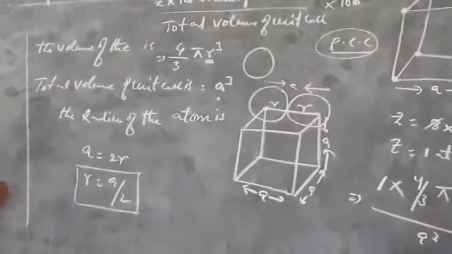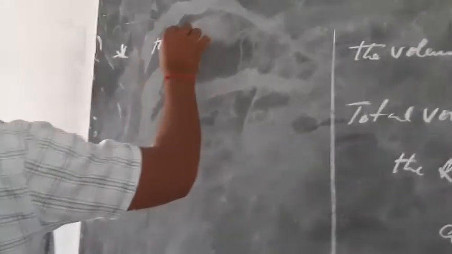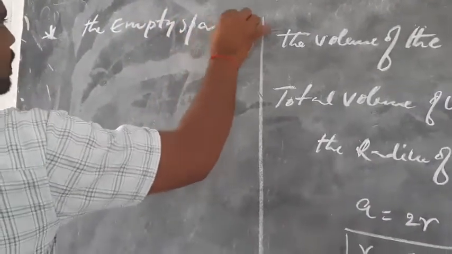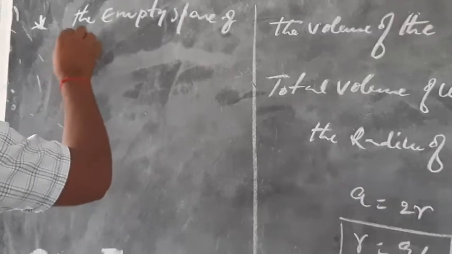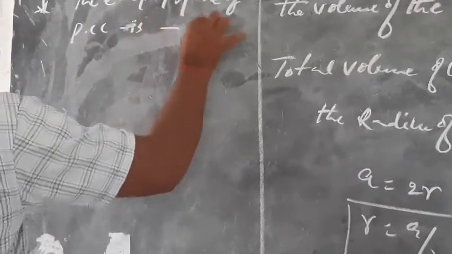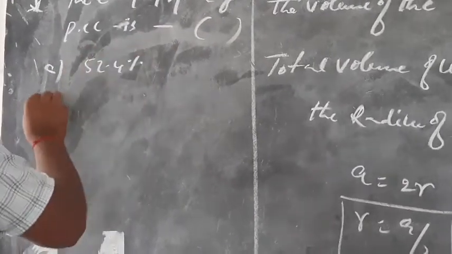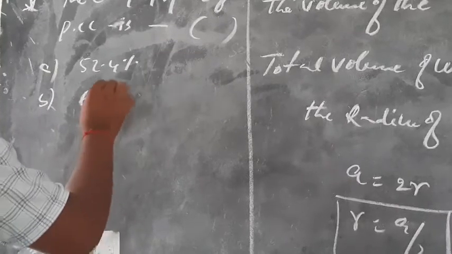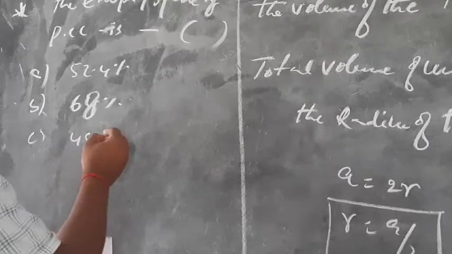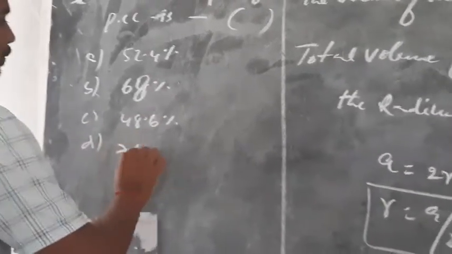Once observe, students: the empty space of PCC is dash. Option A 52.4 percent, B 64 percent, C 48.6 percent, D 74 percent.